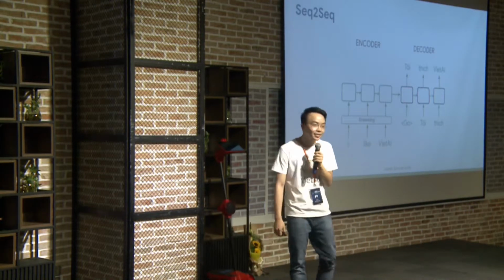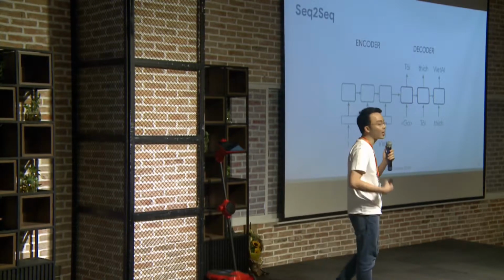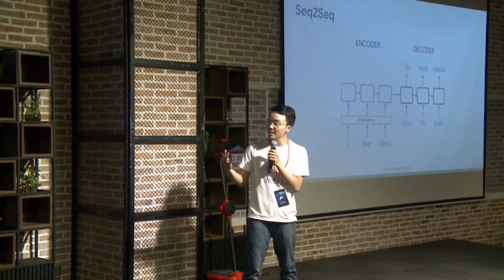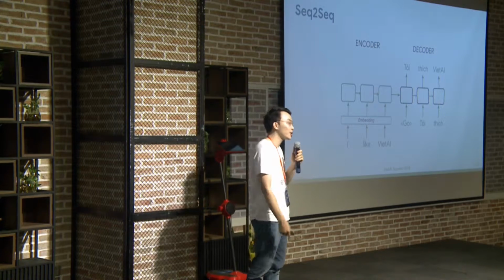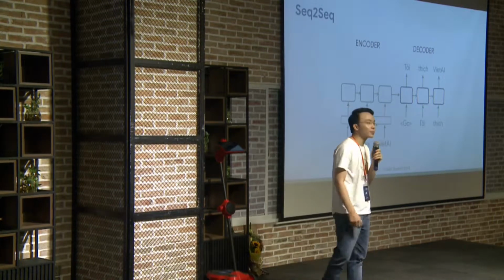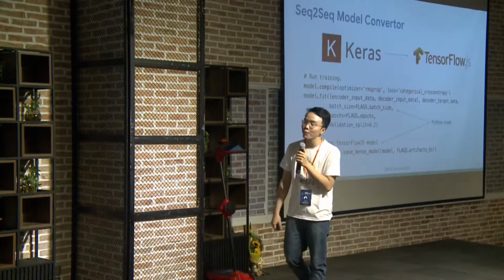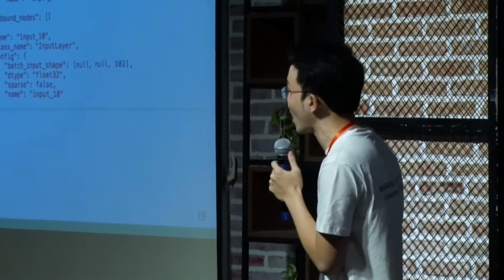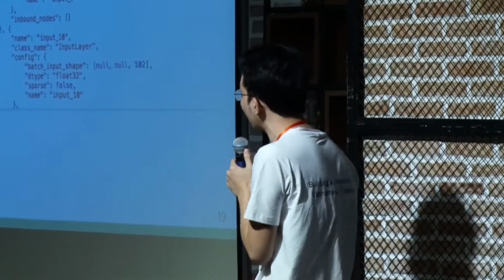And the last thing I want to do is translate the sentence "I like VietAI" to Vietnamese. I will use a sequence-to-sequence model, and in that case, I will convert the Keras pre-trained model to a TensorFlow model and serve this model as an API to the client, and the client will prepare code for inference.